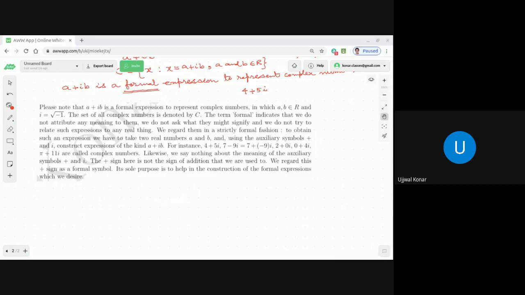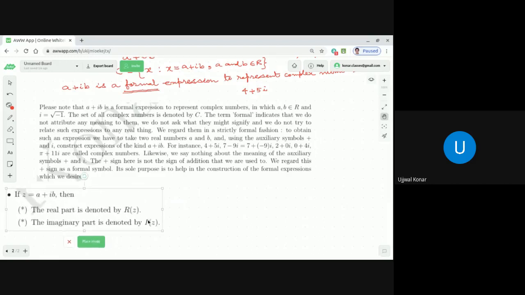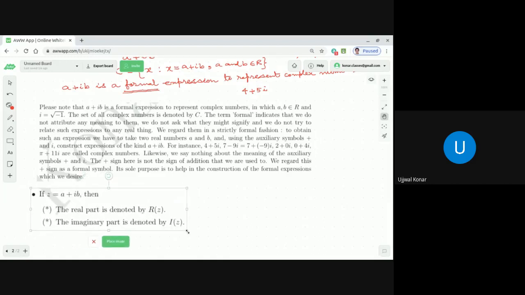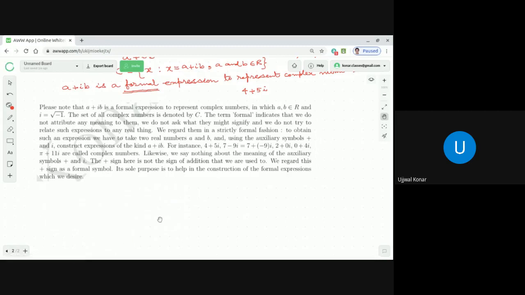The real part is denoted by Re z, or sometimes Rz, and the imaginary part is represented by Im z, just imaginary z.